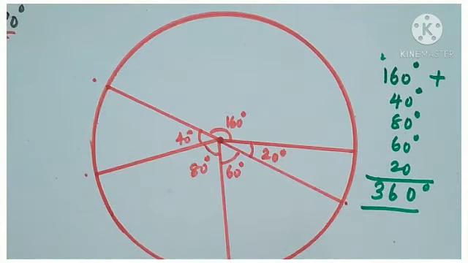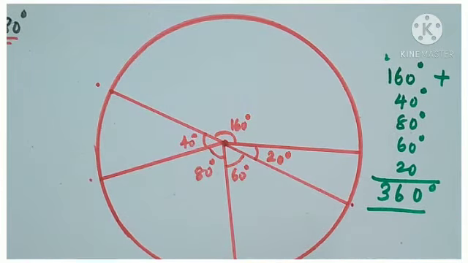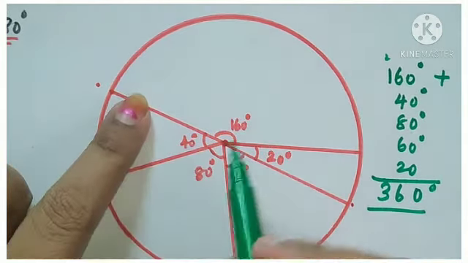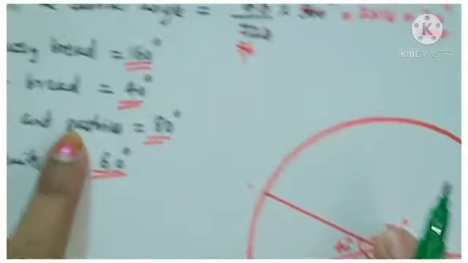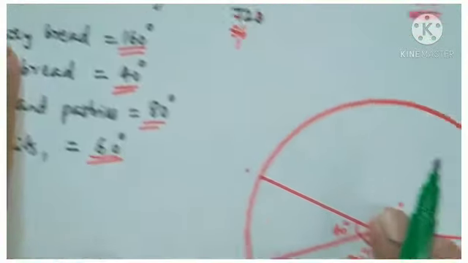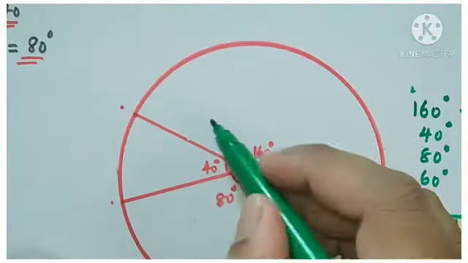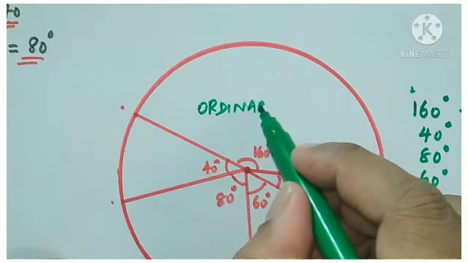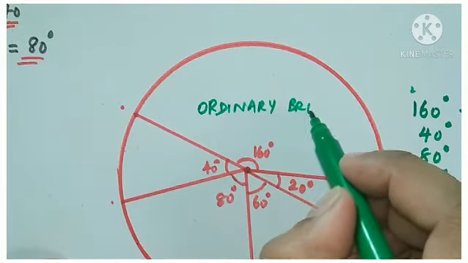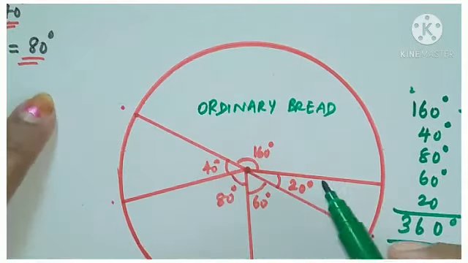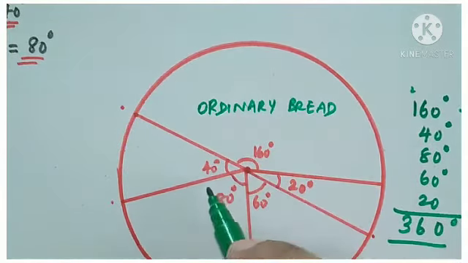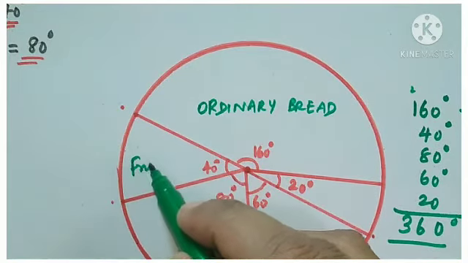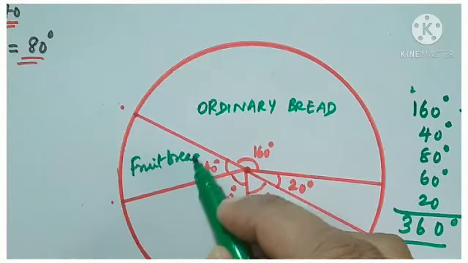Now after completing the pie chart, you want to write all the different items. So what is this 160 for? What is the item? Ordinary bread. So you want to write there, this is ordinary bread. Then what is 40 degree? 40 degree is fruit bread.